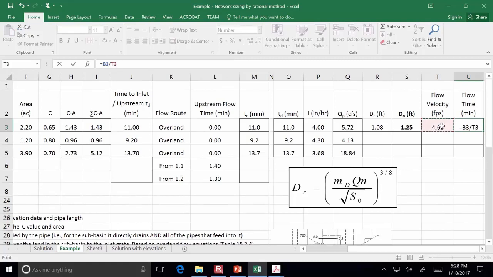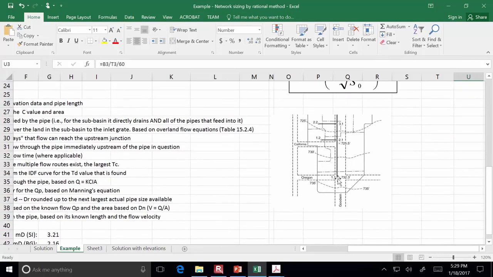And that will tell us how many seconds it is. And so we need to convert from seconds to minutes by dividing by 60. So it's 1.39 minutes, the travel time that the water experiences going from 1.1 until it gets to junction 1.2.